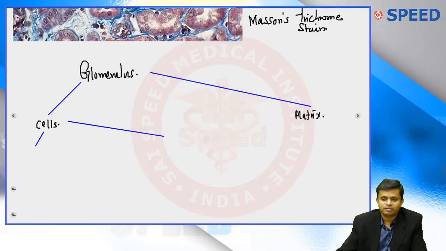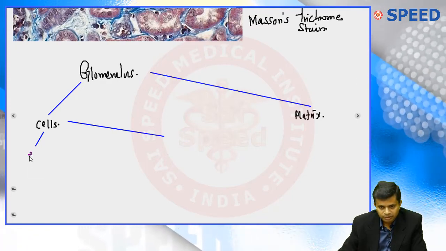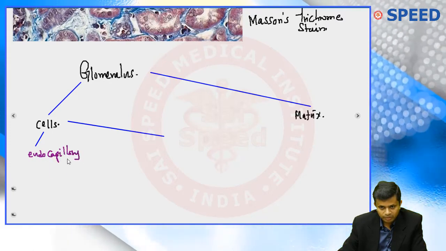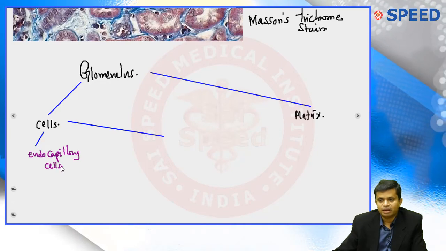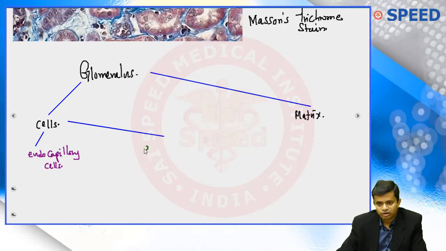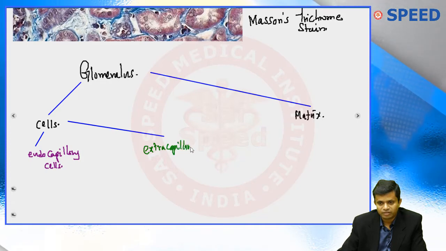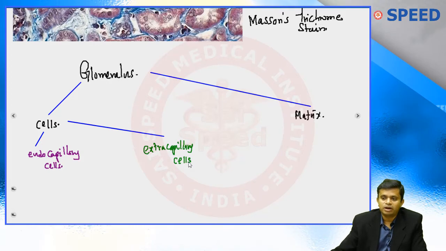One is called endocapillary cells. Then there is another one called extracapillary cells. I will show all these things, but I want you to first understand the names, then we will identify them in the image. Now, what are the examples for the endocapillary cells?